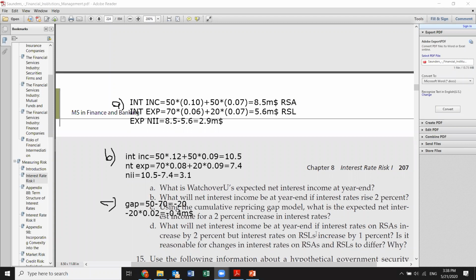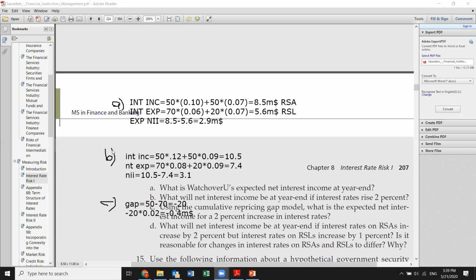What if interest rate on RSA increased by 2% and rate sensitive liability increased just by 1%? Is it reasonable for the changes?